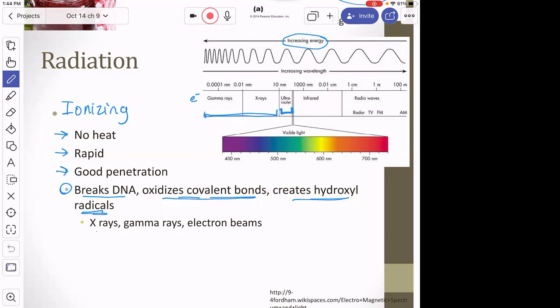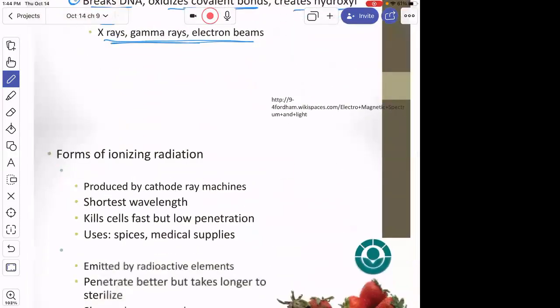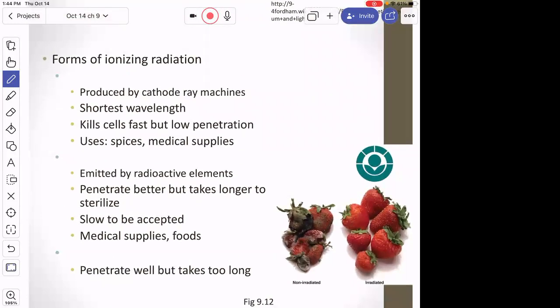So we'll look at some applications here of using X-rays, gamma rays, and even electron beams. So a few applications of using electron beams versus, we'll go ahead and write this in, gamma rays or X-rays.